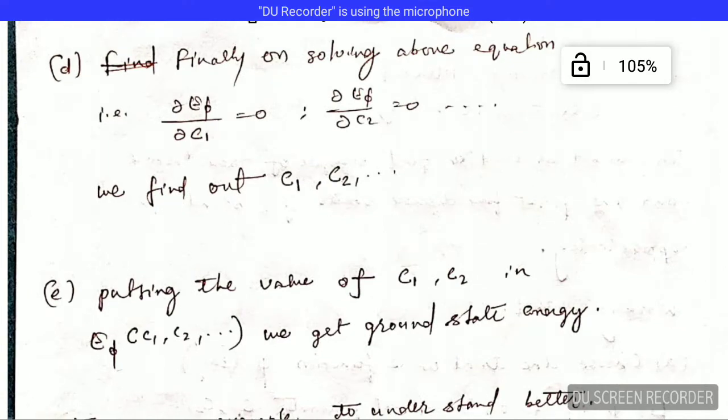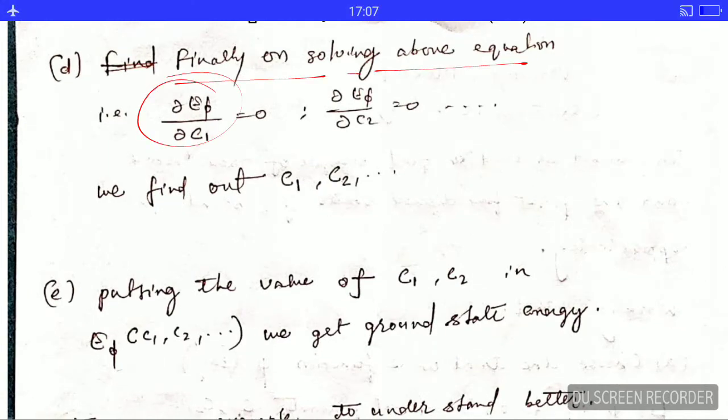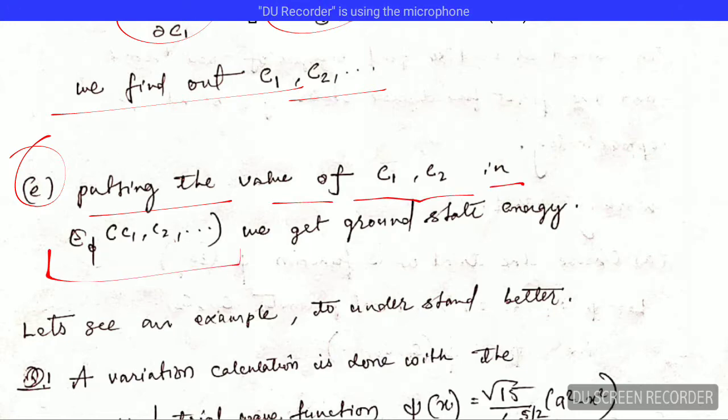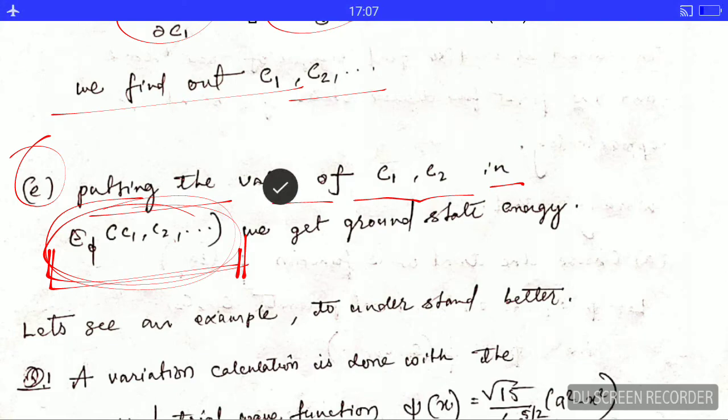Finally, on solving these equations, you will find C1, C2. In this step, putting the values of C1, C2 back in the formula of the energy E phi, you will get the ground state energy.